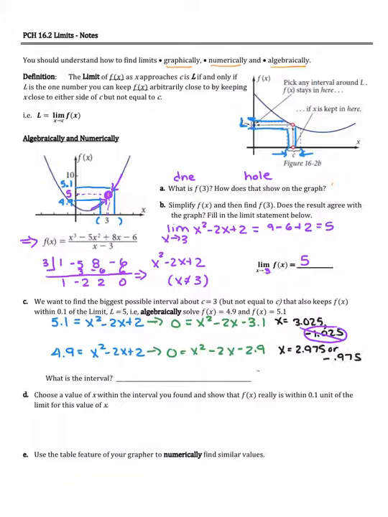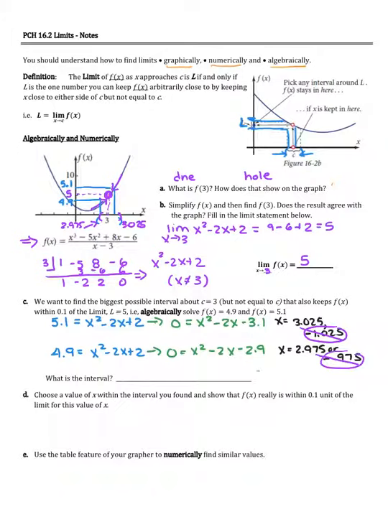Again, we throw out the one that is not around 3. So we have found an interval around 3, between 2.975 and 3.025. If I can keep my values within that interval around 3, then my output will always be within 0.1 of my limit.